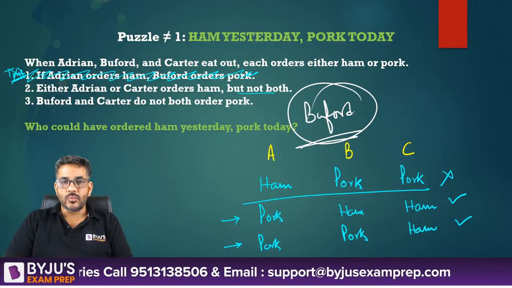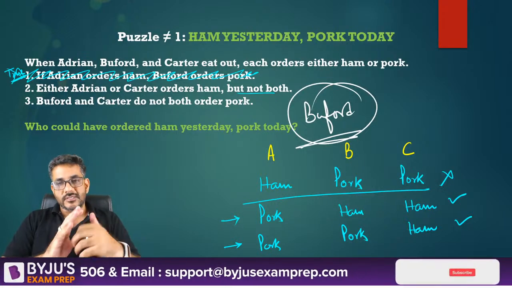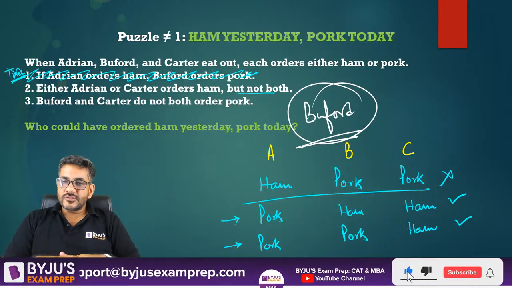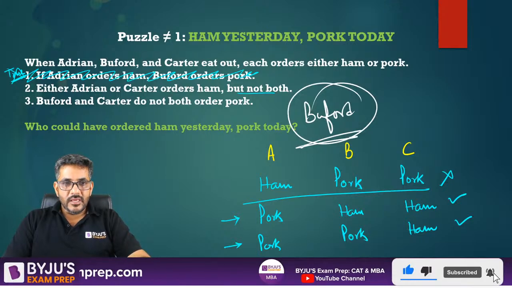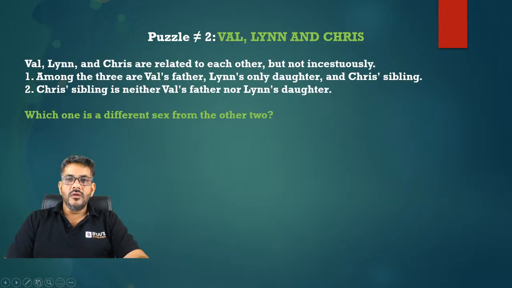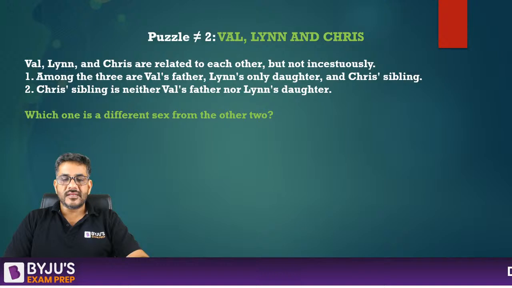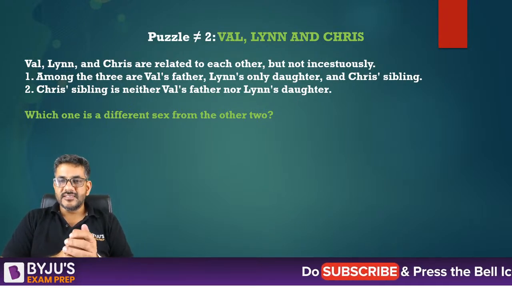That was question number 1, and I'm sure that all of you have got it. We'll move on to the next question now. Question number 2. Here is question number 2 for all of you. Well, Lynn and Chris. That is puzzle number 2. So please try this once. After that, we'll do it together.